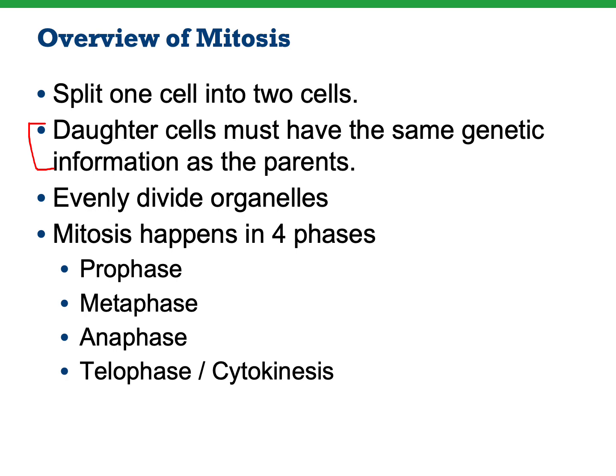There is also an even divide of organelles. The process of mitosis happens in four phases: prophase, metaphase, anaphase, telophase, and cytokinesis, which overlaps with telophase. Together, these events will result in the division of the cell.